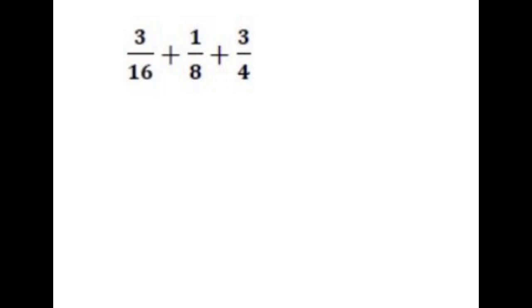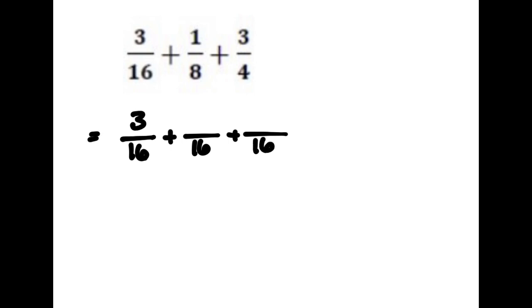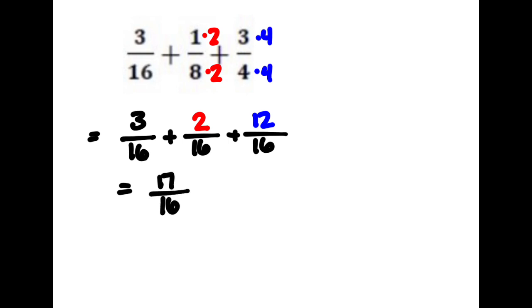I'm going to rewrite all of these fractions as 16ths, which means the first one's done. 8 I have to times by 2, so I times 1 by 2 as well, and I get 2. 4 I have to times by 4, so I times 3 by 4 as well, and I get 12. Now you add straight across, and we get 5 plus 12, 17 over 16. See, not bad at all.